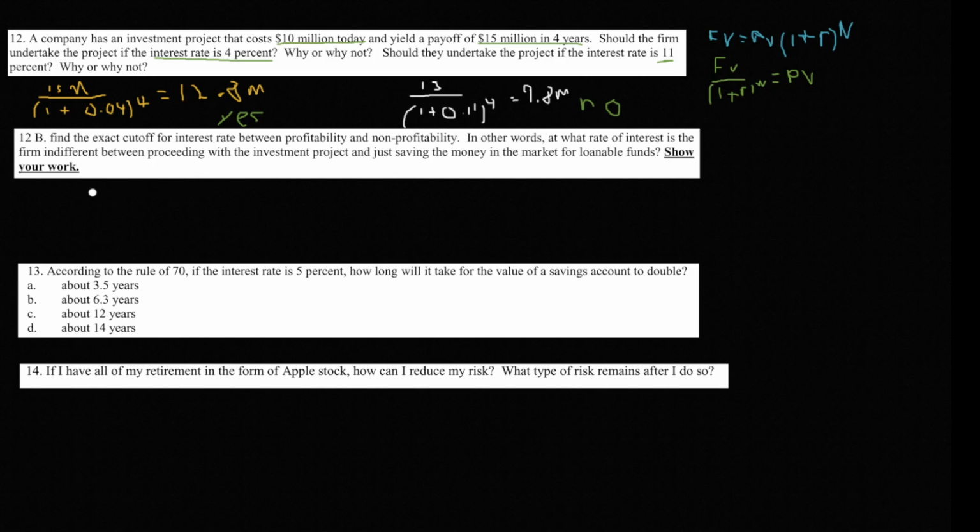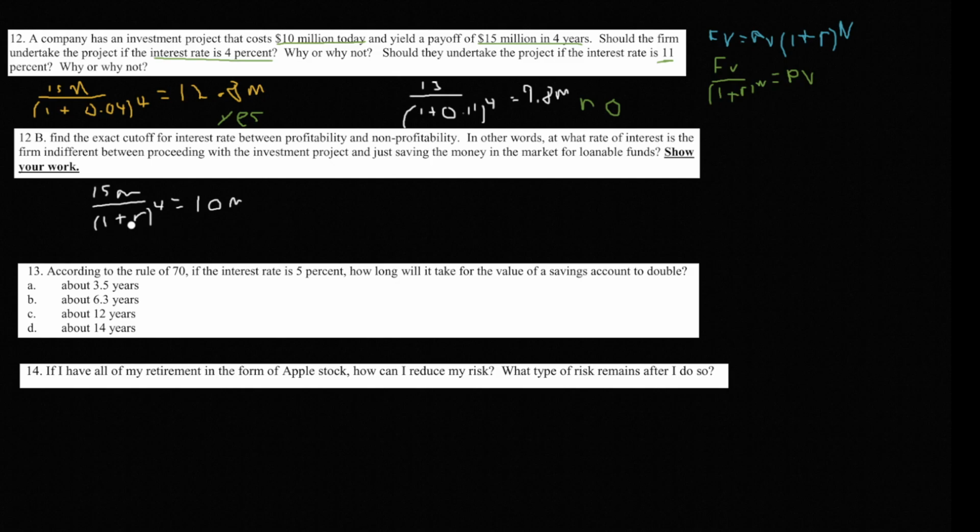So we know that this is going to be 15 million, and we know that we have 1 plus our rate to the 4 years is going to be equal to 10 million. We want this to be exactly equal.